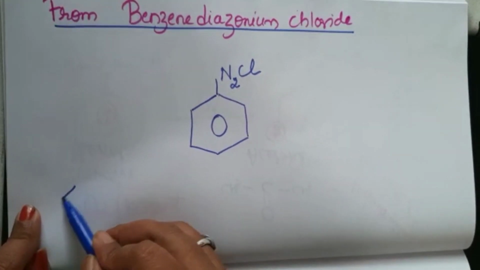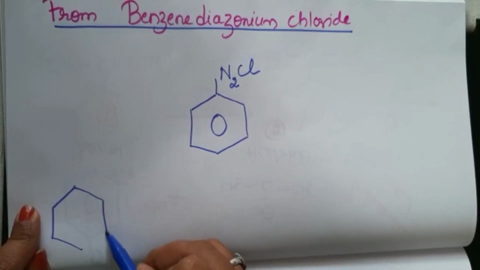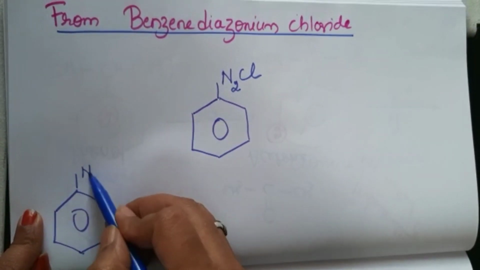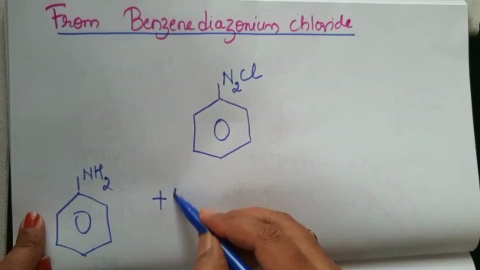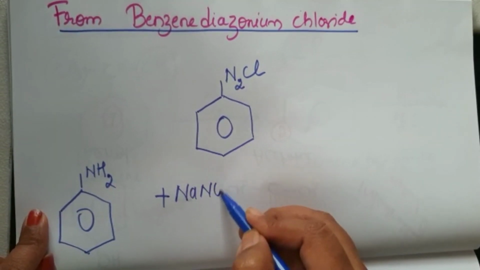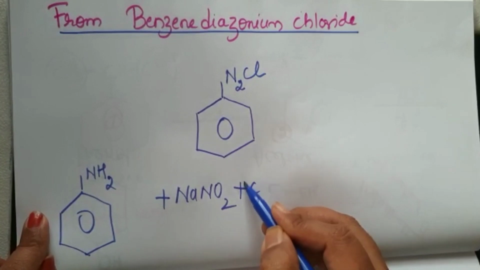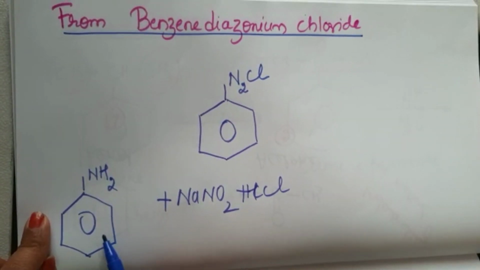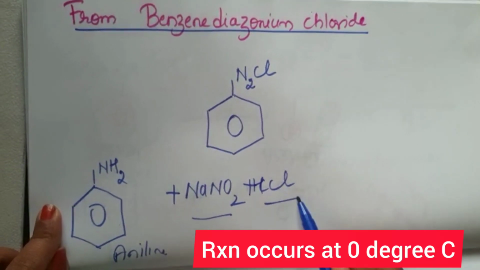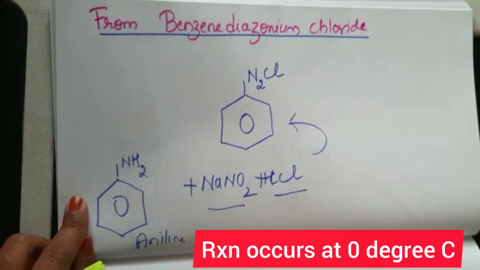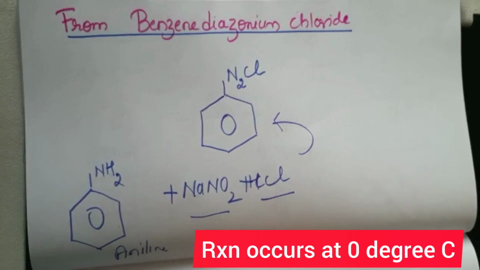I can prepare it using aniline by reacting it with nitrous acid, NaNO2 and HCl. Whenever you react aniline with NaNO2 and HCl, we arrive at benzene diazonium chloride.